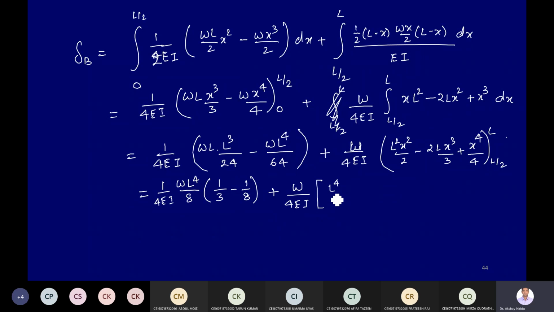Now let us substitute: L power 4 by 2 minus 2 by 3 L power 4 plus L power 4 by 4, minus L power 4 by 8 minus of minus plus, you will get L power 4 by 12, minus L power 4 by 16 4 64.